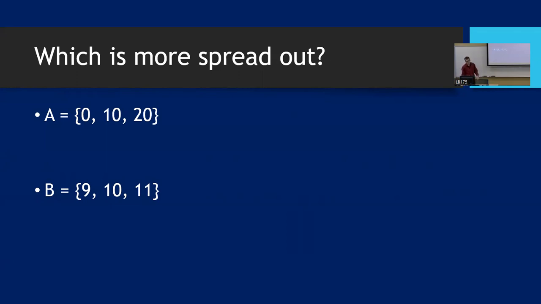Another way to say that is if you look at these in numerical order, from 0 to 10 and then to 20, there's a 10-unit jump between each number, whereas if you go from 9 to 10 to 11, there's a 1-unit jump between each number.